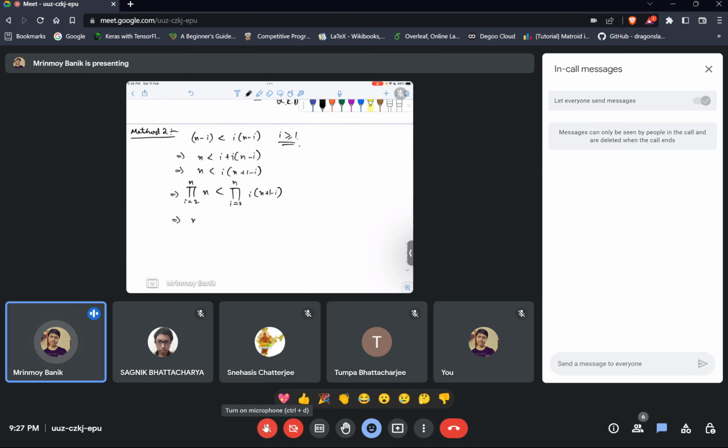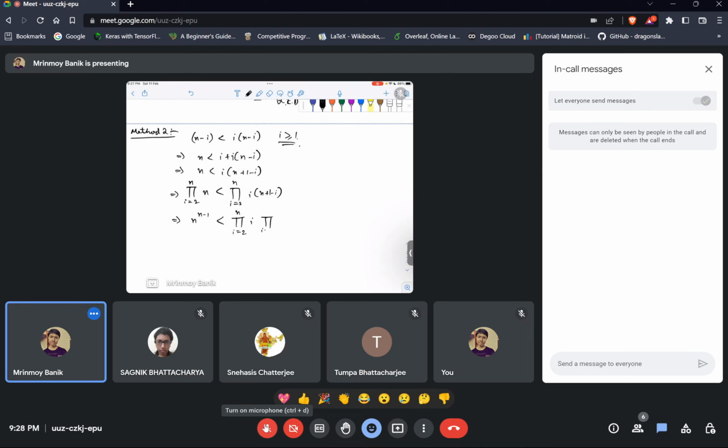Now the left hand side is n to the power n minus 1, I guess. Right, so n minus 2 plus 1, n minus 1. And the right hand side, we can break the product as i going from 2 to n.